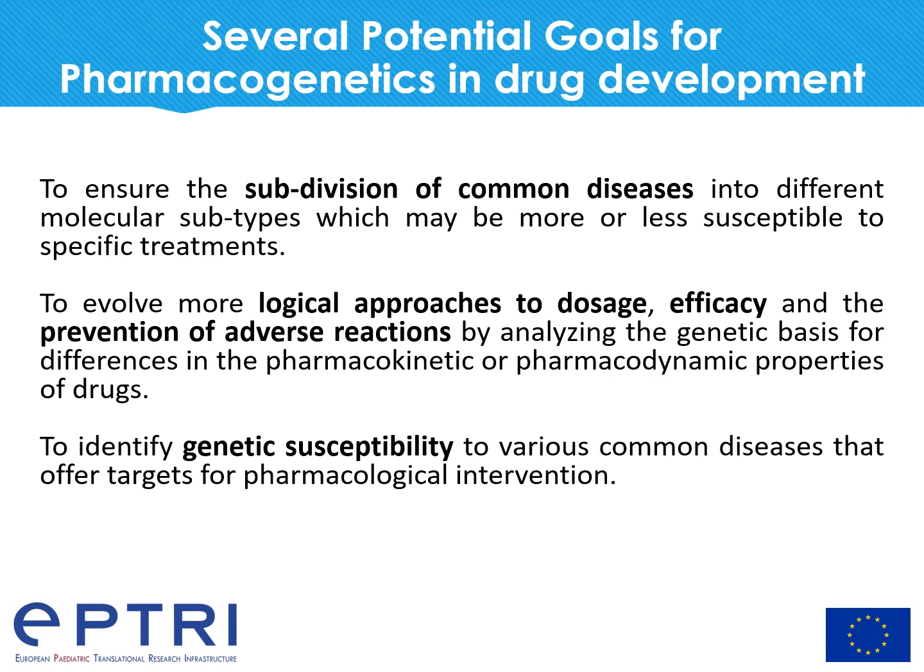As a conclusion, there are several potential goals for pharmacogenetics in drug development. First, to ensure the subdivision of common diseases into different molecular subtypes, which may be more or less susceptible to specific treatment.